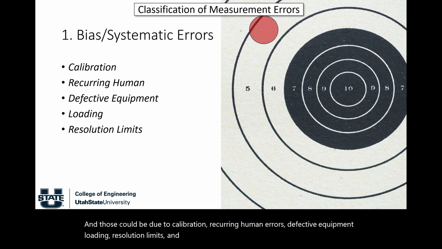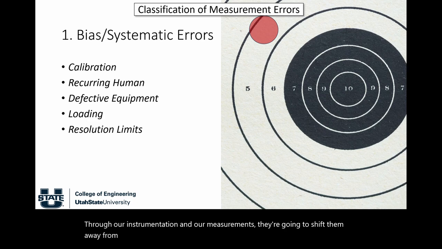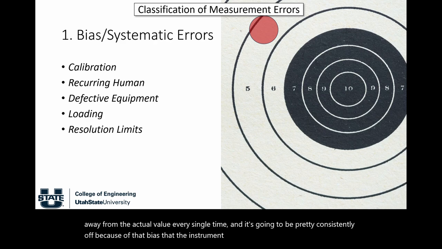And so these bias errors or systematic errors are always going to shift what we're seeing through our instrumentation and our measurements. They're going to shift them away from the actual value every single time. And it's going to be pretty consistently off because of that bias that the instrument or the human is applying to the data that's being collected.